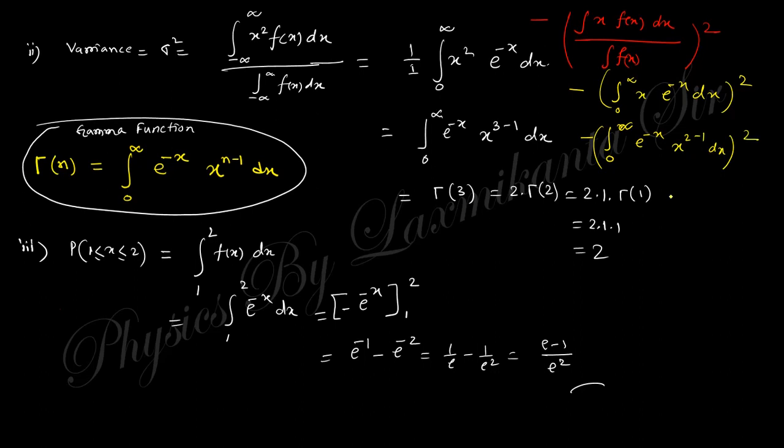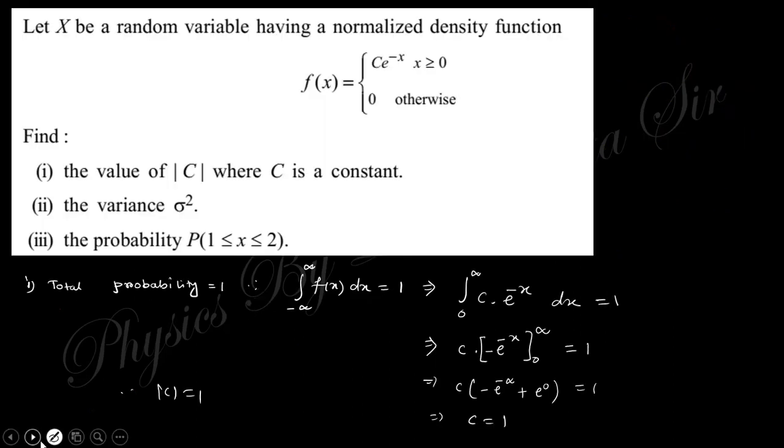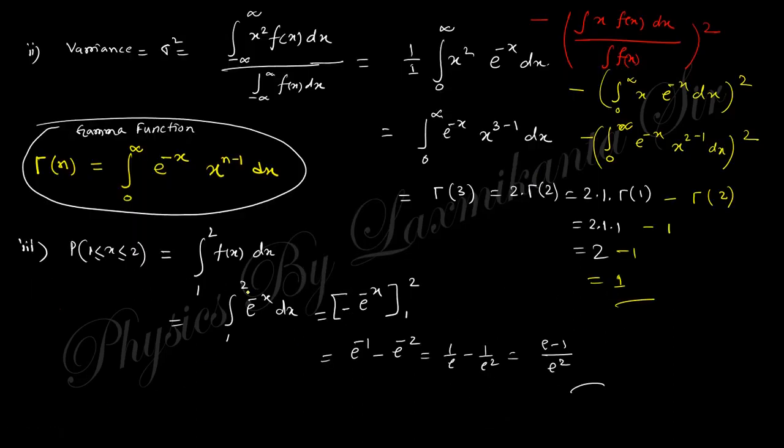So you can write there is a gamma, this is nothing but gamma 2, and gamma 2 is nothing but 1. So this becomes 1, and the variance will also be 1. This is the gamma function. Now the probability from 1 to 2: just take the integration of this function from 1 to 2 and you get the answer. Clear? Please consider this error correction. Here is the correction. I think you understand this correction. Clear? Next one.